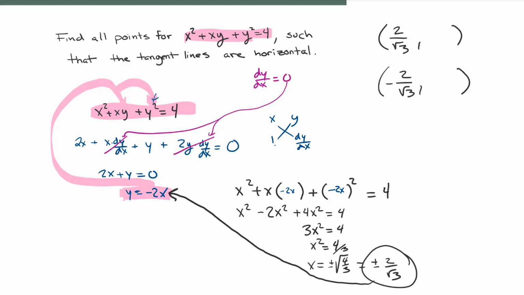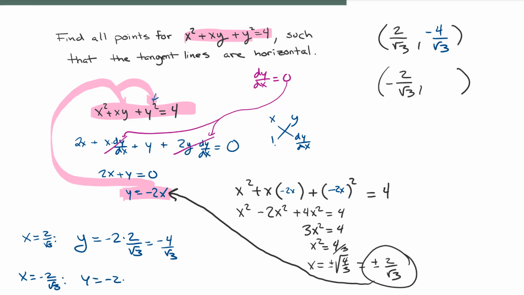So when x is equal to 2 over root 3, our y value is equal to negative 2 times 2 over root 3, or negative 4 over root 3. It just changes the sign and multiplies it by 2. And when x is equal to negative 2 over root 3, y is equal to negative 2 times negative 2 over root 3, positive 4 over root 3.